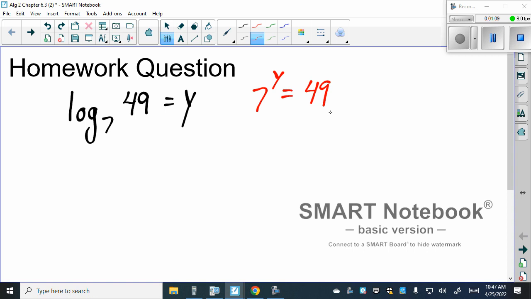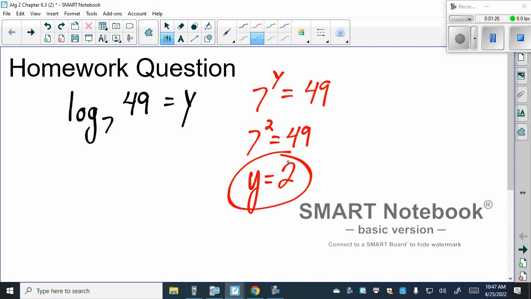We want to determine how many times I need to multiply 7 by itself to get to 49. It's 2, because 7 squared is 49. So log base 7 of 49 equals 2.